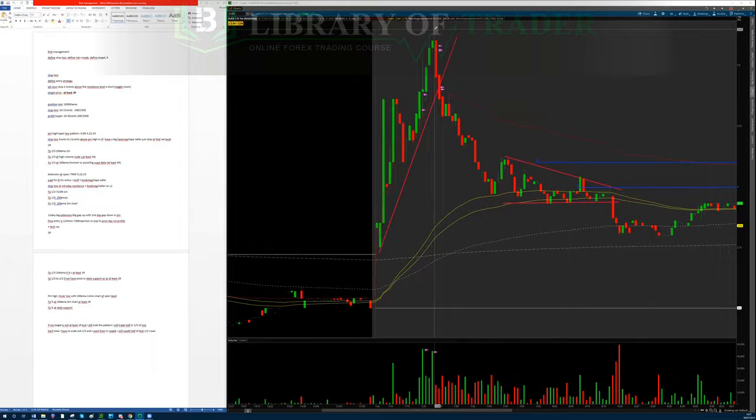But I also know my target. My target minimum, for at least half of my position or first target, I wanted 2 R. So let's say that I'm risking, at worst, 3.58 to 3.70, 12 cents. Then the first target will be 24 cents.